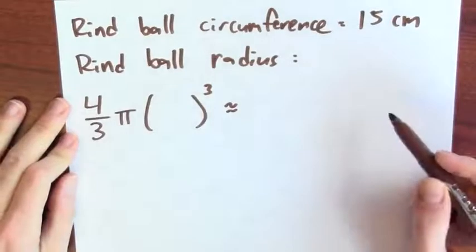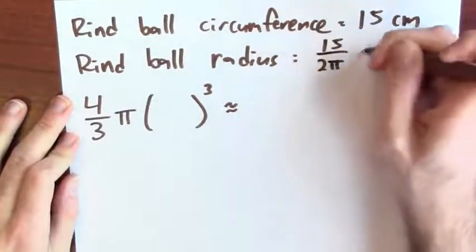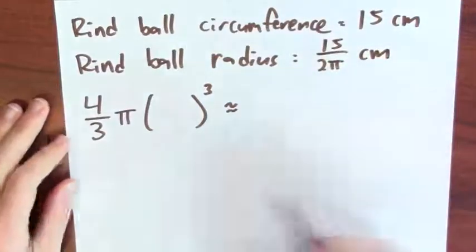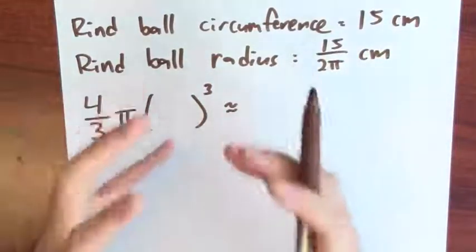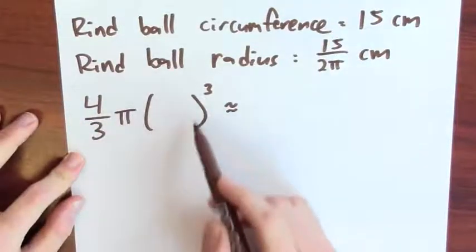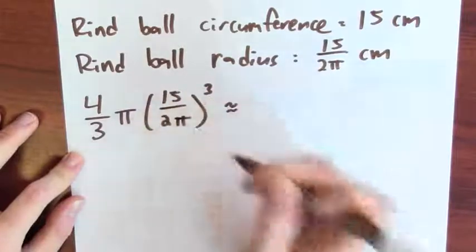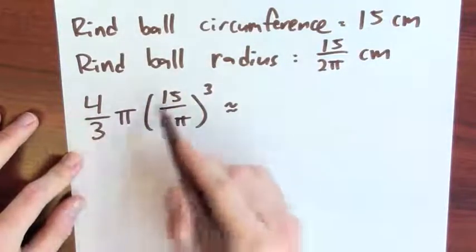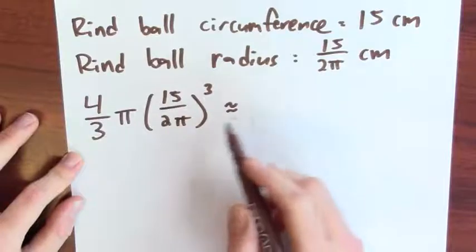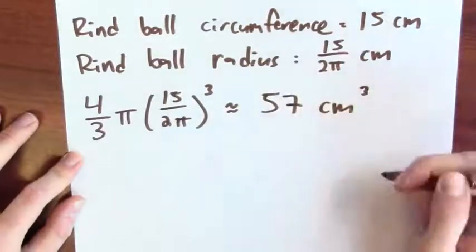That means my rind ball has a radius of 15 over 2 pi centimeters. And here, assuming my rind ball is a perfect sphere, this will be the volume of the rind ball. But in here, I got to put the radius, which is 15 over 2 pi, so 4/3 pi, the radius cubed. And that's about 57 cubic centimeters.